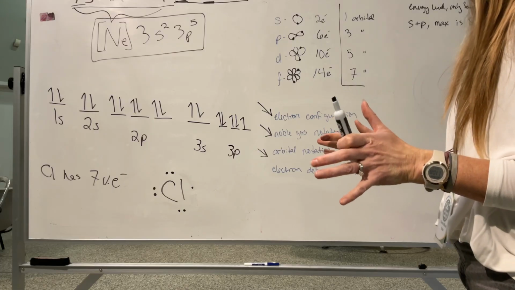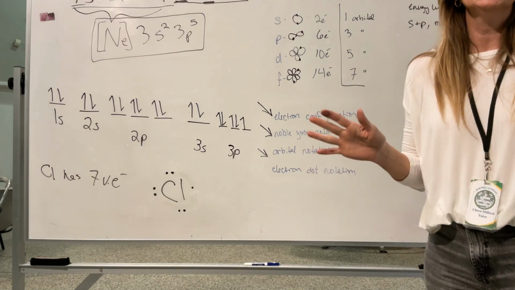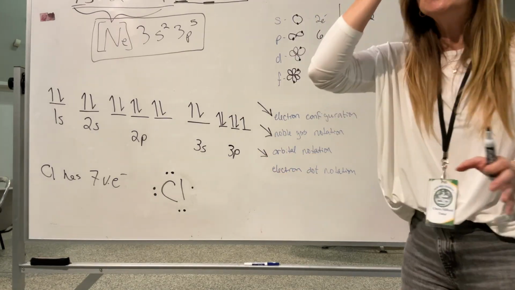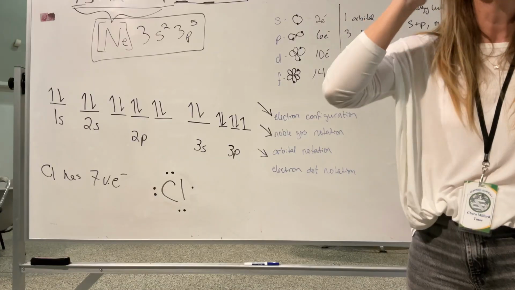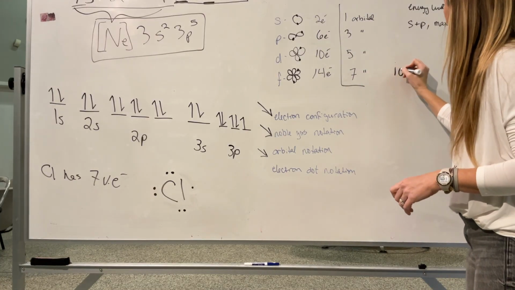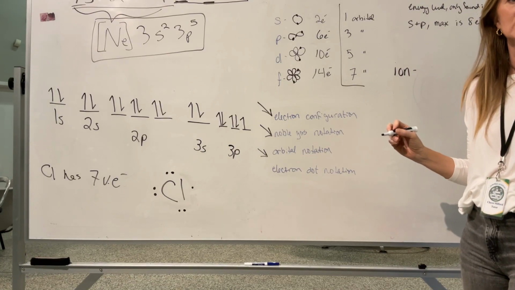One thing that the book brought up, which I was going to touch base on Monday, but I'm just going to throw it out there right now because you guys already read it and probably already did some problems with it. Do you guys remember what an ion is? It has a different number of electrons than protons.